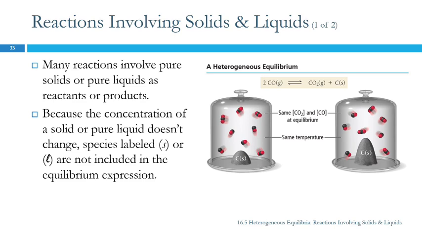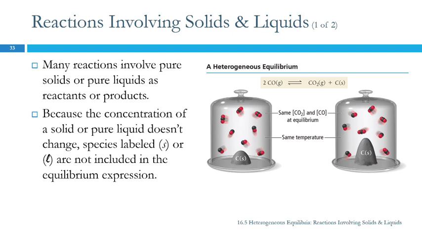Solids. You could calculate a molarity for, say, a chunk of carbon. Does it matter how big or how small? No, it's the same molarity, right? So when some of this reacts, does that change its concentration? No, it doesn't. Since the concentration doesn't change, we leave it out of the equation.